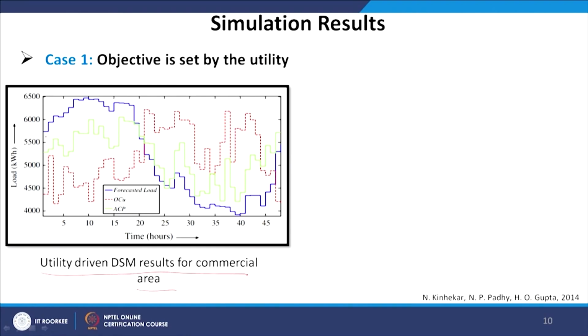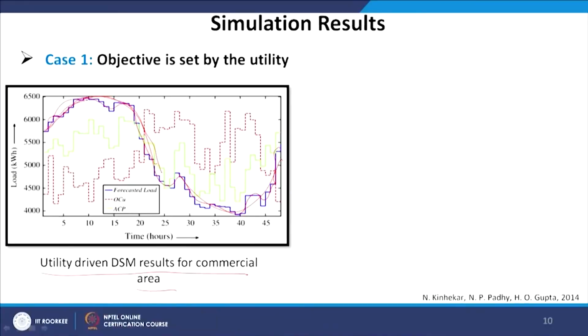I need your attention, the blue characteristic that you see is the actual load characteristic for the commercial customers of a particular utility, and certainly true because the energy cost at this peak hour will be certainly high, and the energy cost during off peak will be certainly low.